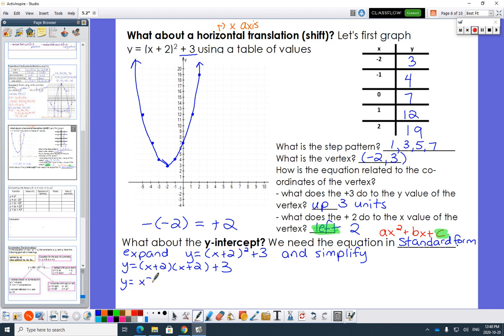First, x squared, outside 2x, inside 2x, and last. So now we have the c value.